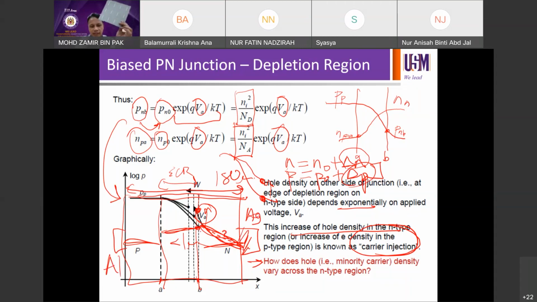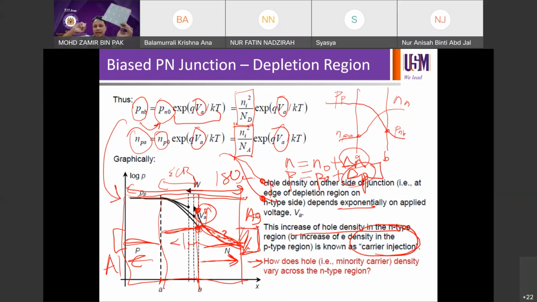So we have only discussed up to the depletion region, but if you want to know what happens to the carriers across, you need to learn this, because eventually if you want to extract carriers at the metal contact, the carriers still need to travel more than 100 micron to the left and to the right to be able to reach the contact. Only then do they come out and complete the circuit.